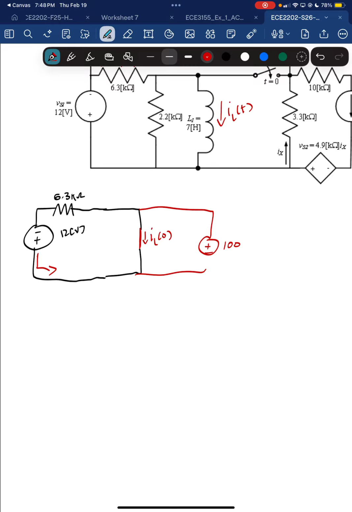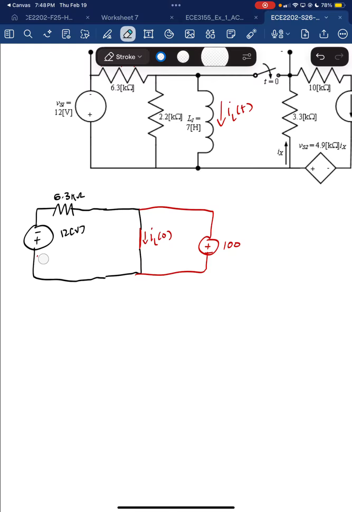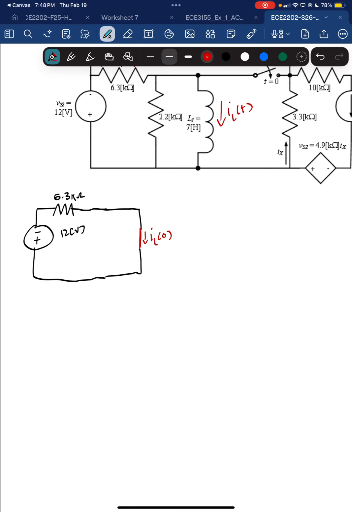Like if that was 100 volts, then this current could hypothetically be going like that, right? But the point is that there's only one battery in the circuit. So that means the current is going like this.